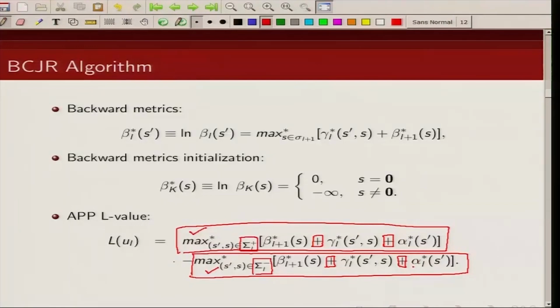So, this is rewriting the expressions for forward recursion, backward recursion, and log likelihood ratio a posteriori probability L value computation for the BCJR algorithm.